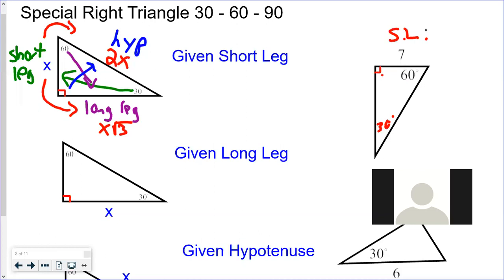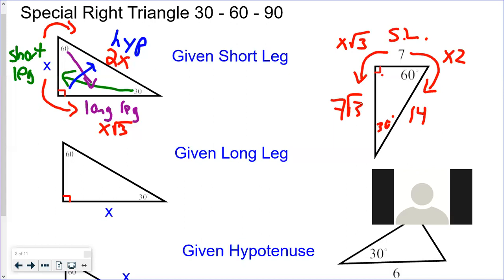Now, for me to get from the short leg to the hypotenuse, I just times it by 2. 7 times 2 is 14. For me to get from the short leg to the long leg, I just times by the square root of 3, which is going to give me 7 square roots of 3. And that's it. I'm done.